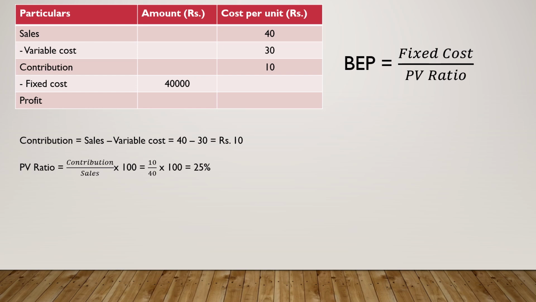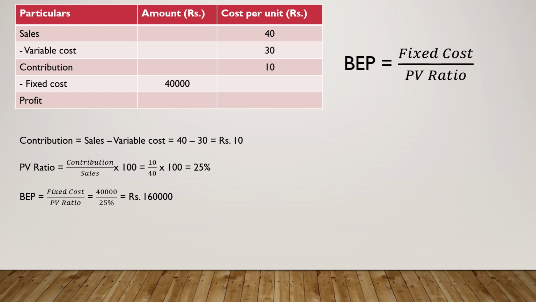Now, for break even, we have fixed cost 40,000, and we got PV ratio, which is 25%. So now break-even point equals fixed cost upon PV ratio, which will be fixed cost 40,000 divided by 25%. Your answer will be 1,60,000. Note down, this should be 40,000 divided by 25%.